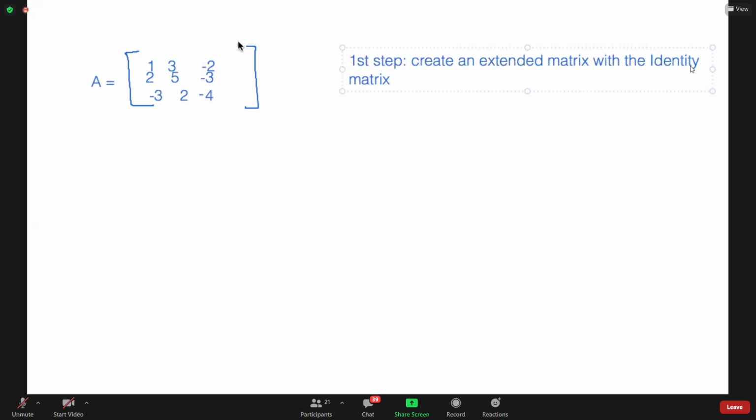So how should this look? I'm going to write my matrix A as normally, only I'm going to extend the rows with the identity matrix. So I'm going to do 1, 3, minus 2, 1, 0, 0.